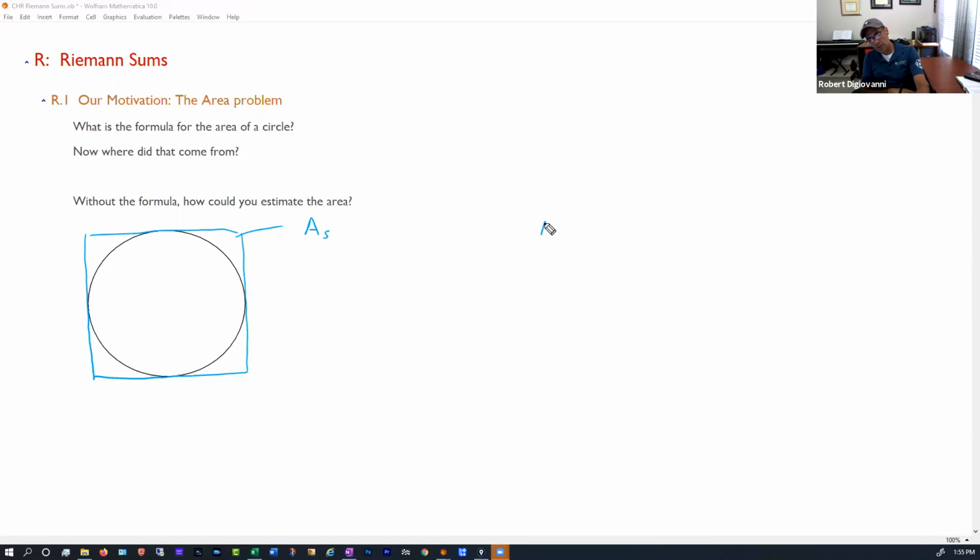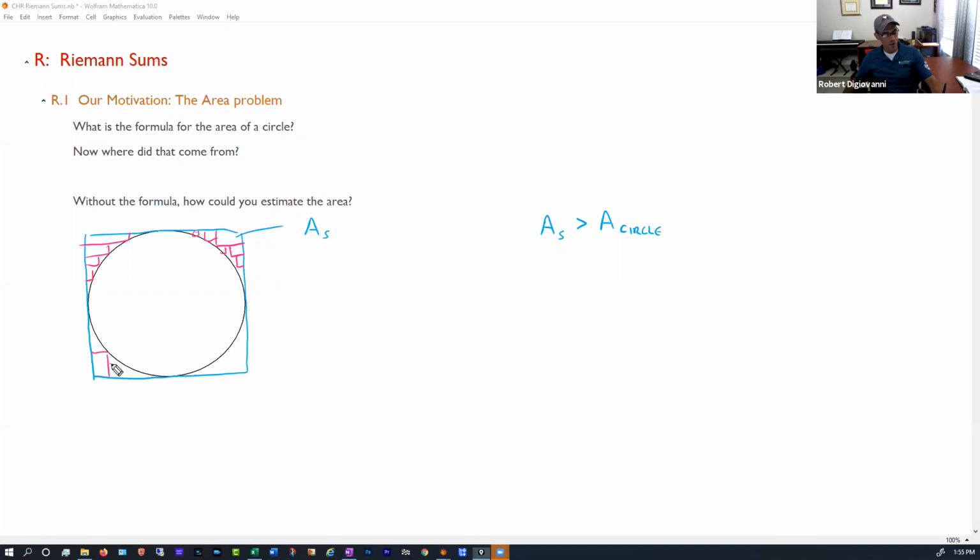Now, right now, do you agree that the area of the square is bigger than the area of the circle? Yes? But what I could then do is start coming in here and drawing rectangles in these little gaps and start subtracting those from the area of the square.